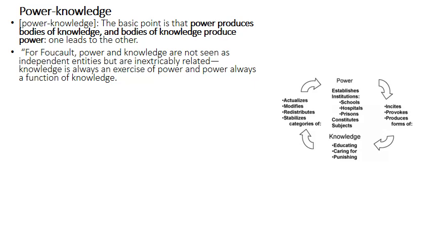These institutions will provoke what Foucault calls incitement to discourse, will incite or provoke certain forms of knowledge. So when you set up a school, it will involve the production of certain kinds of knowledge. Similarly, hospitals, similarly prisons. In hospitals, it will be knowledge about the patient. In prisons, it will be disciplinary knowledge about the location, whereabouts, activities of the prisoners.